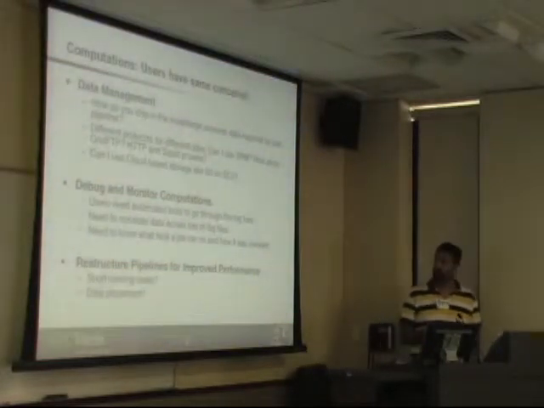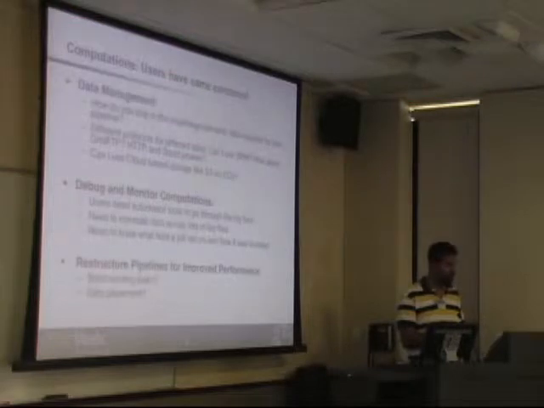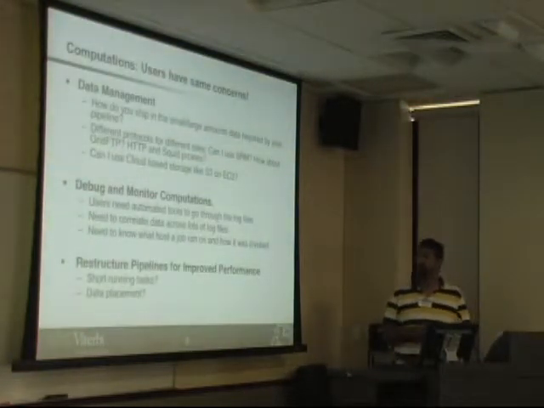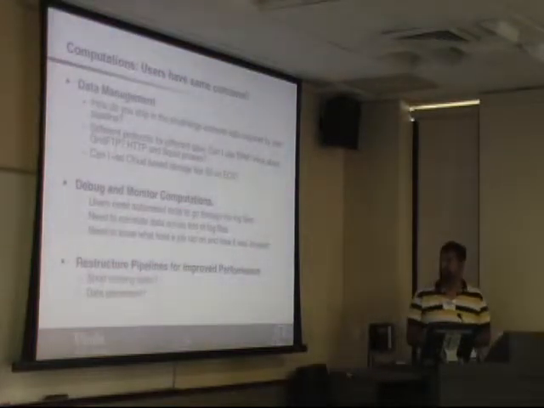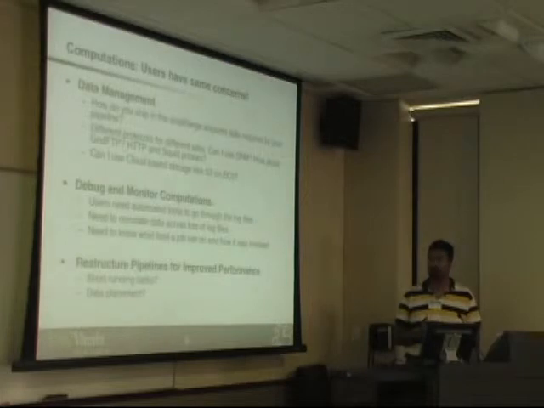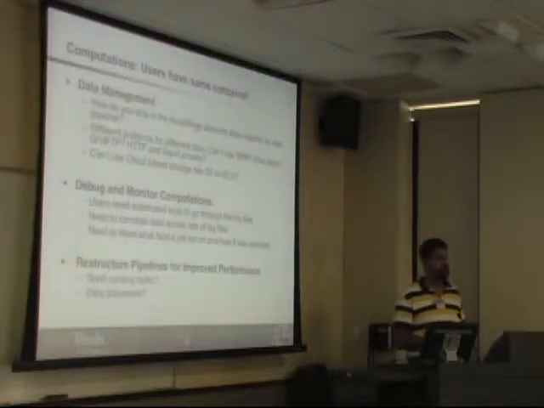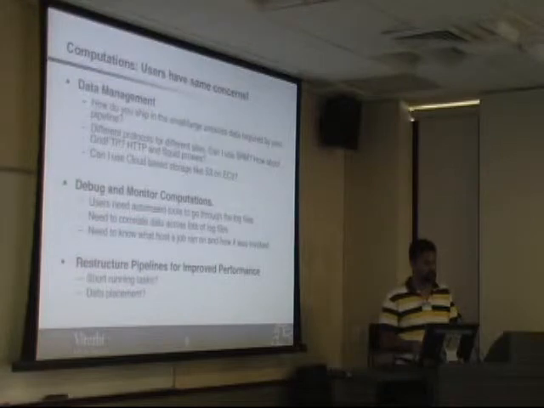Or you can do it in an automated way by just looking at the directory on your submit host or on your laptop to figure out what went wrong. In general, if you have a big pipeline, then you need to correlate data across lots of log files. You need to know what host a job ran on, what directory a job ran on, for example, if you're trying to run on the shared file system at HPCC.